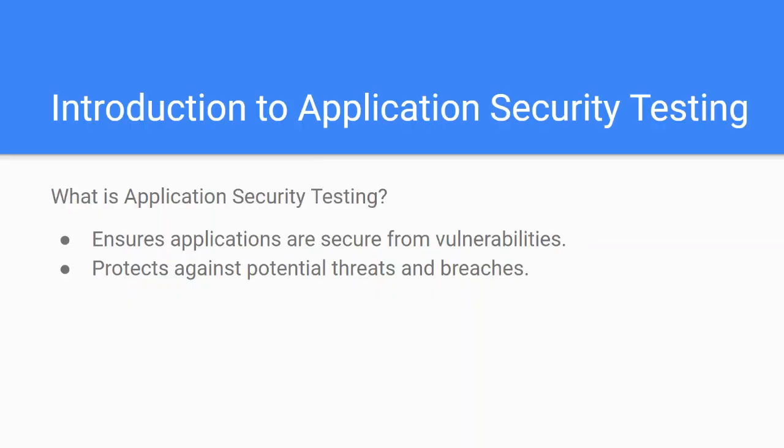Okay, so first, an introduction to application security testing. What is application security testing? In our application, there may be many types of vulnerabilities which can lead to threats and breaches. We can face these kinds of attacks in our application.